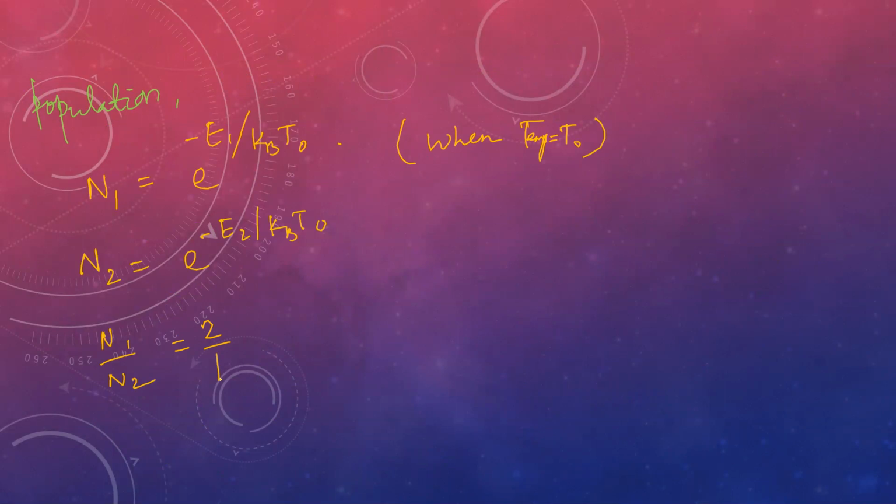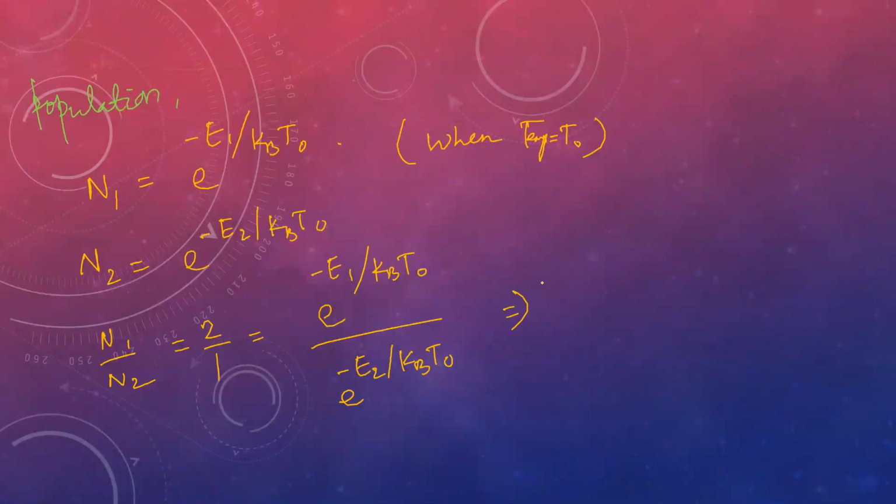So 2 by 1 is equal to e to the power minus (E1 minus E2) by KB T naught. So e to the power minus (E1 minus E2) by KB T naught is equal to 2.